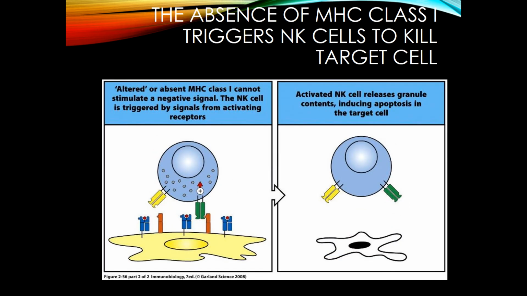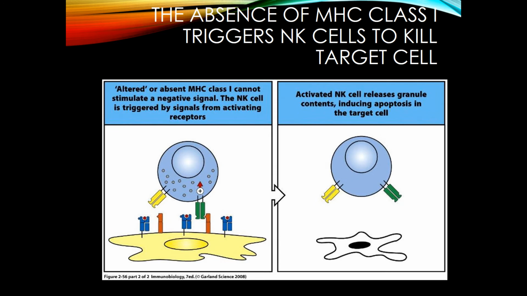However, if you have an altered or an absent MHC class I molecule on the surface, then the inhibitory receptor can't recognize that. And so therefore the activating receptor, the green receptor there, can send a positive signal to the natural killer cell, and that natural killer cell releases the granules, resulting in the induction of apoptosis in the target cell.